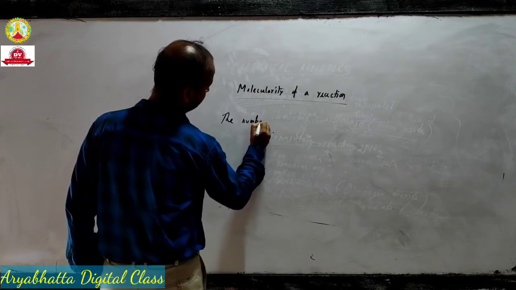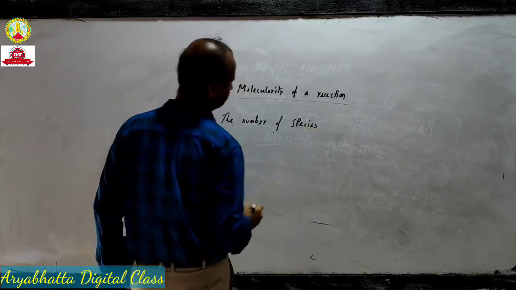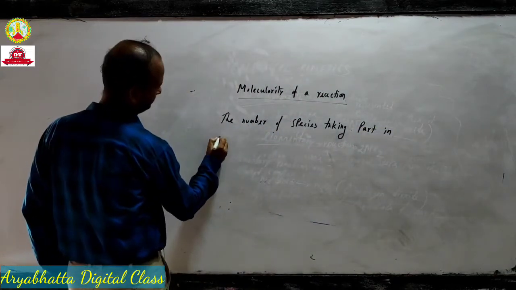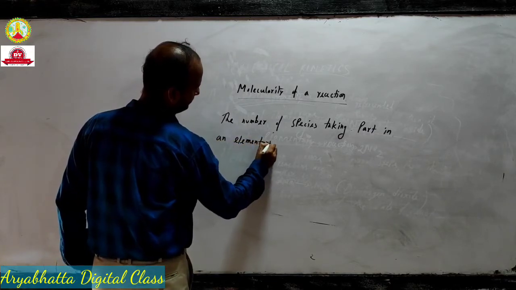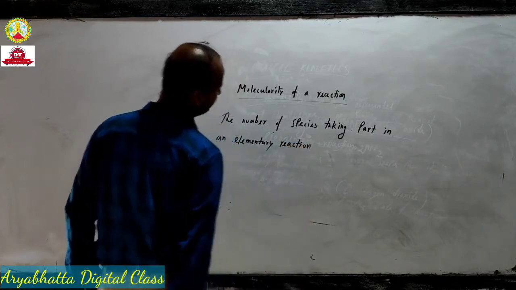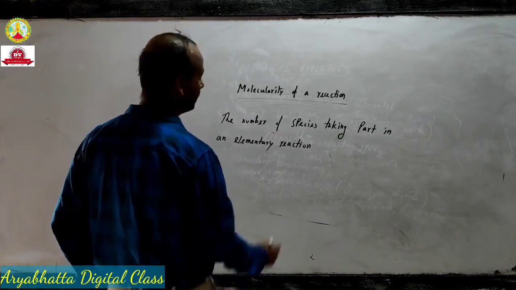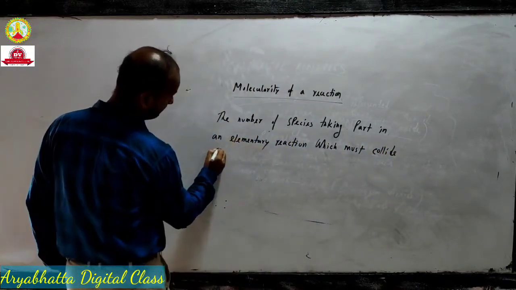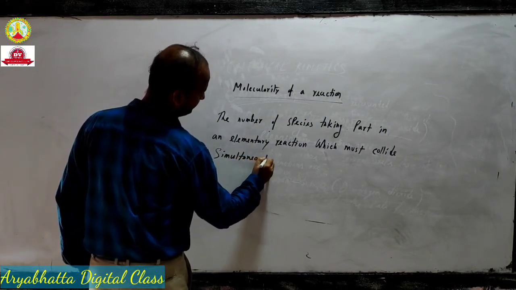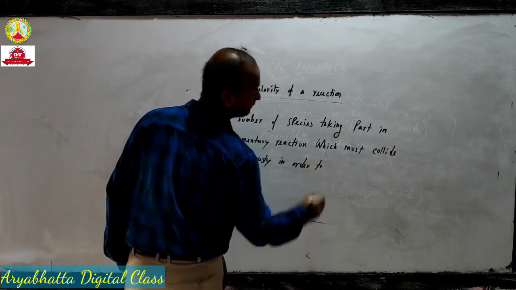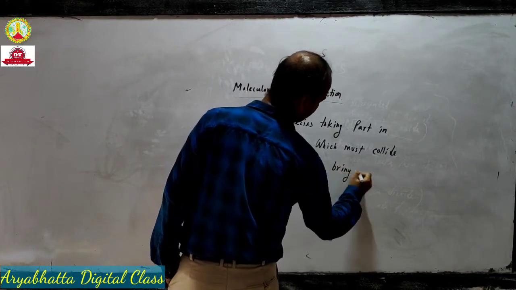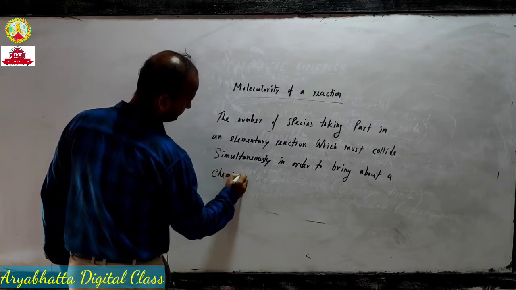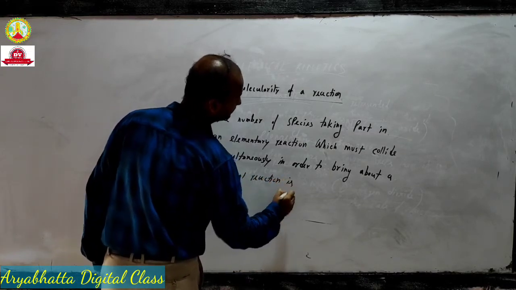The number of species taking part in an elementary reaction whose mass collide simultaneously in order to bring about a chemical reaction is called the molecularity of a reaction.